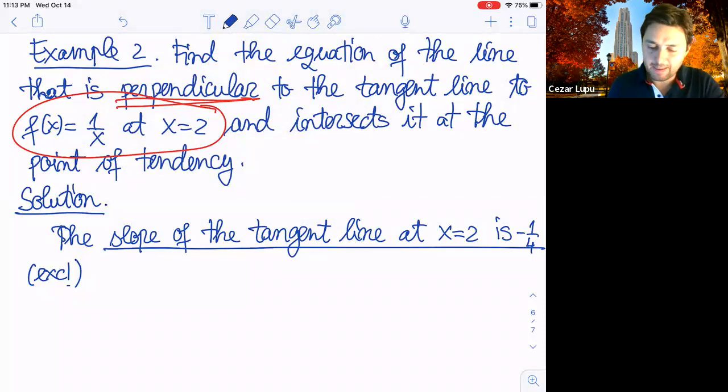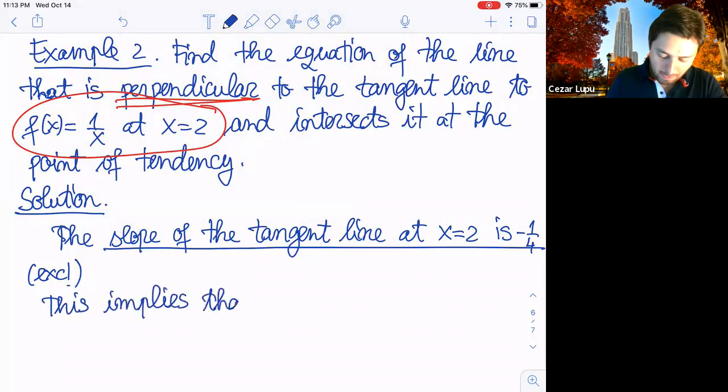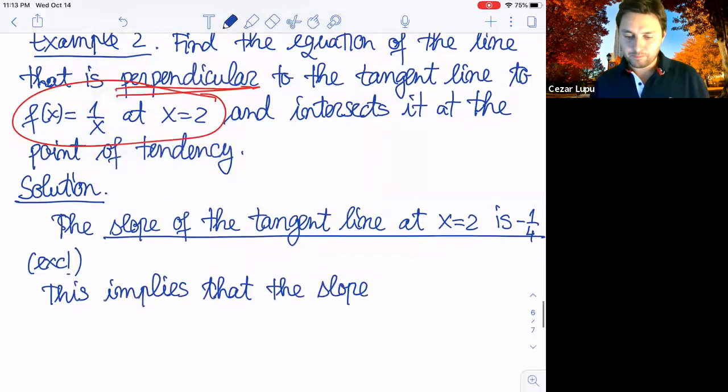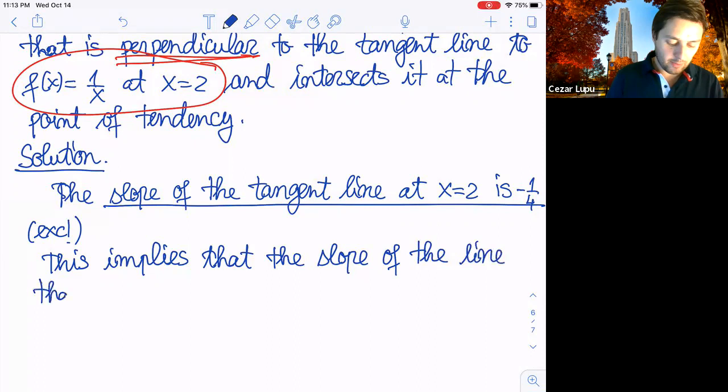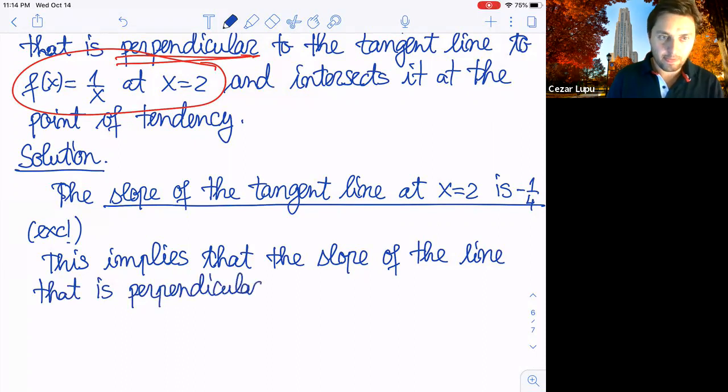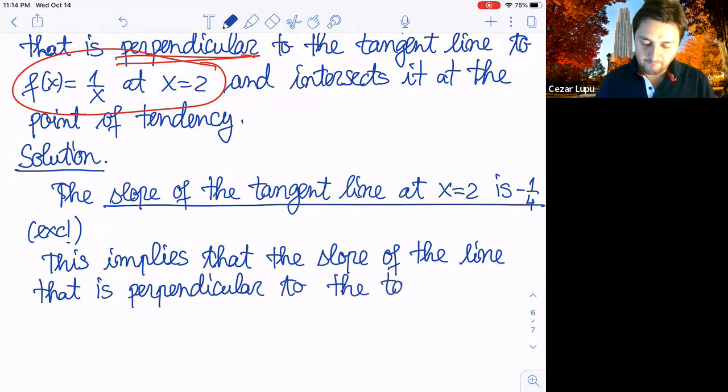So this implies that the slope of the line that is perpendicular to the tangent line is what?